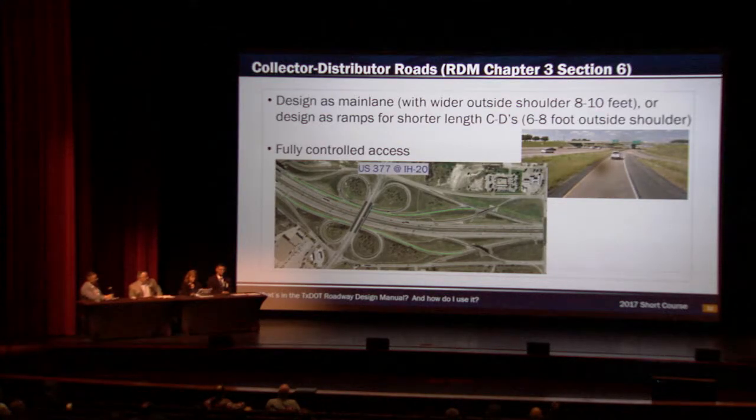This picture here shows CDs in a cloverleaf interchange system built in the 70s. So to update it to our standards or principles in TxDOT, you can see along the green lines is really kind of where the CD roads go, and there's up to 6% horizontal curves in an adverse crown.